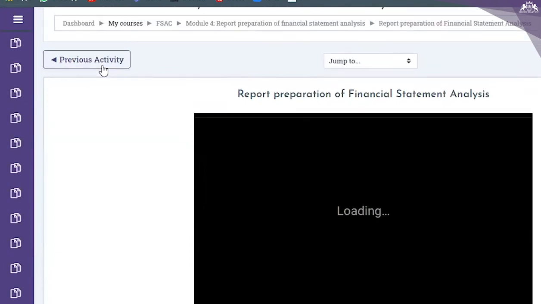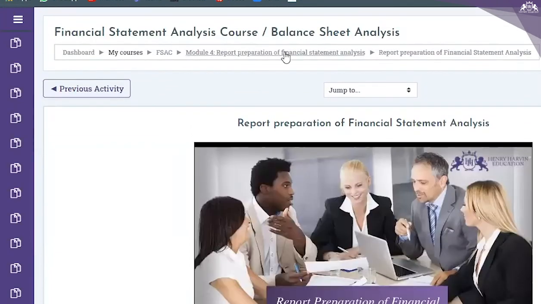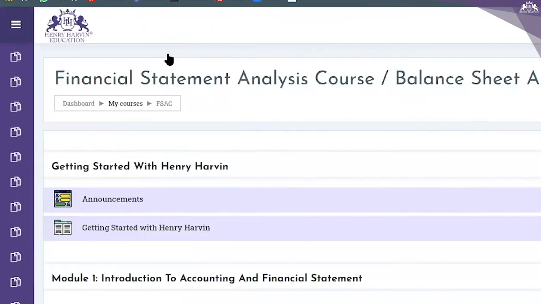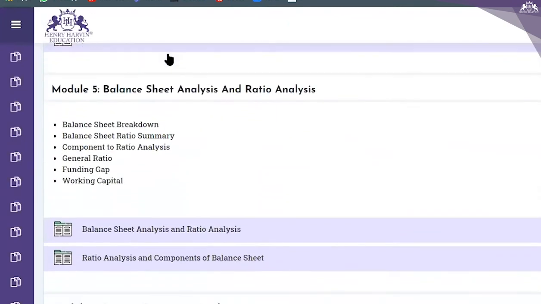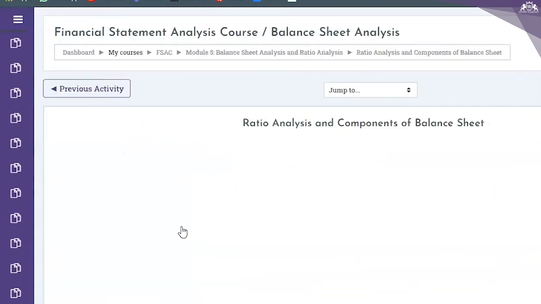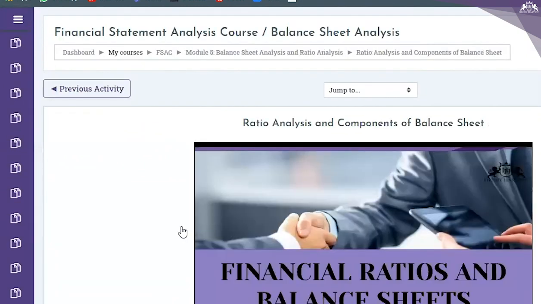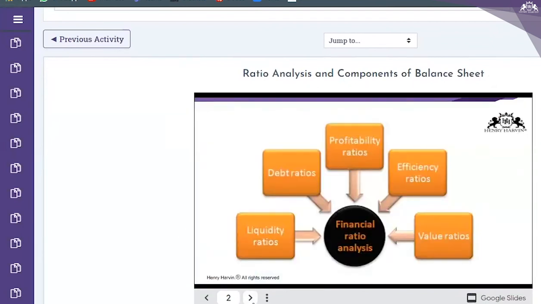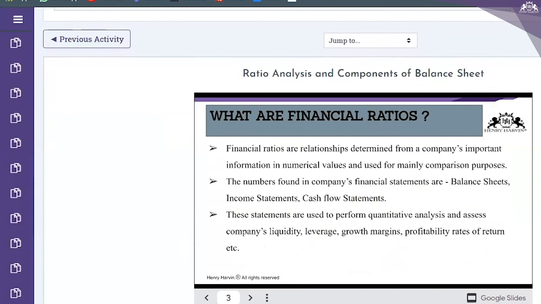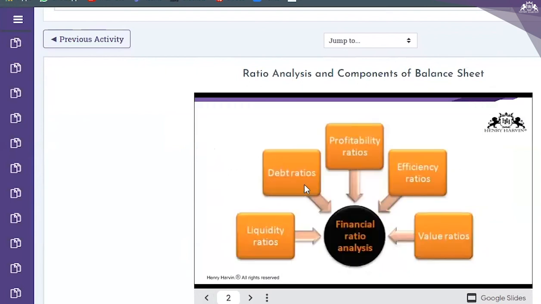No, this we have done. We have done this liquidity ratio, debt ratio, profitability, efficiency, value.